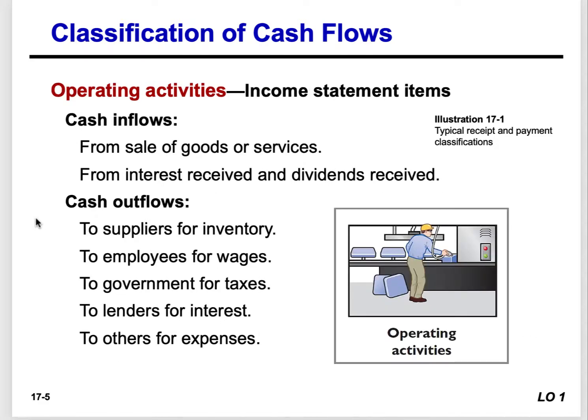I want to pause right here for a minute because as I go through here and try to explain this, I envision a bunch of questions popping up in your heads, and I'm trying to think of some of the mistakes that I've experienced in the past from other students. What we need to memorize here is what are the classifications, again operating, investing, and financing, and what types of transactions fit underneath each of those classifications, and is it an inflow or an outflow?